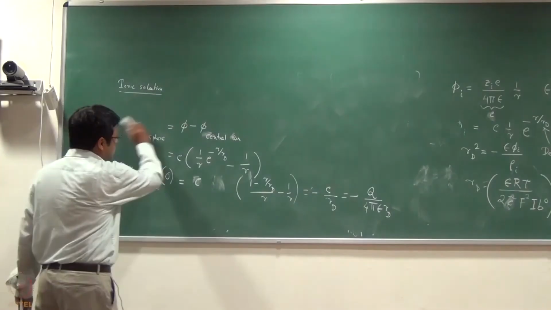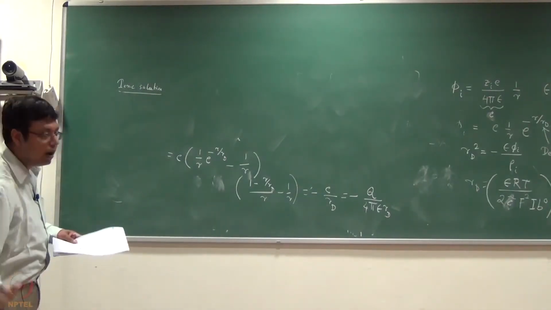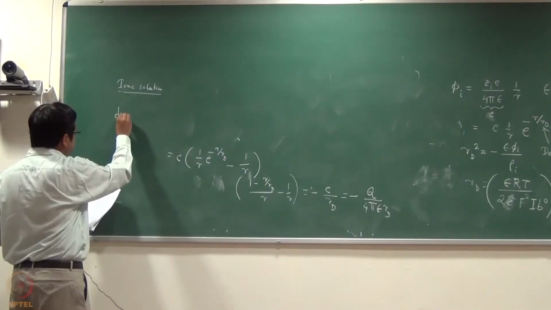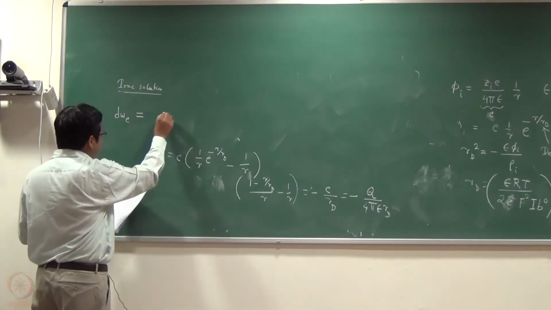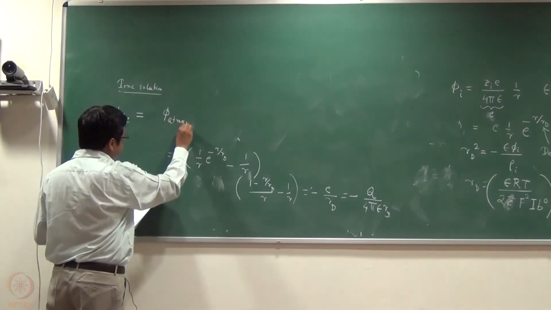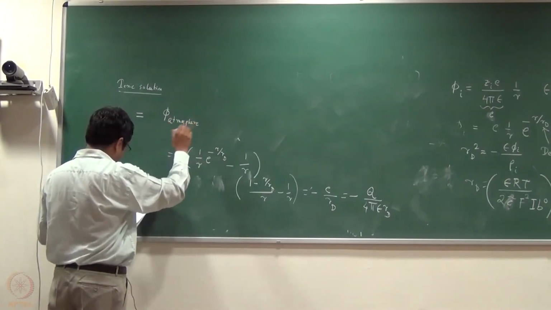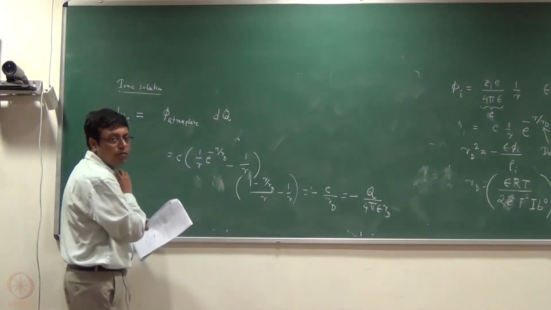So I'm almost done. So how do you find the work done? I will always write first the differential electrical work done, okay. And that I will say is basically that potential which the atmosphere is giving, and then suppose I am bringing dq amount of charge.